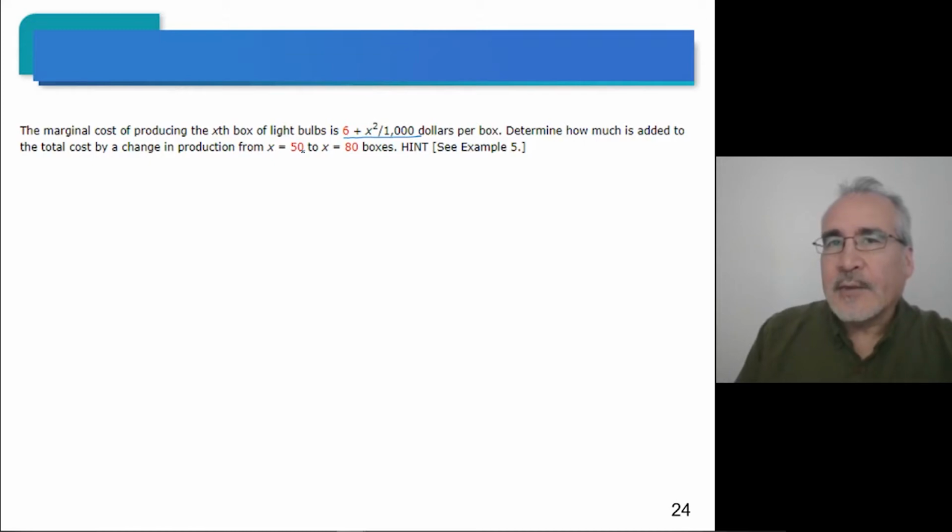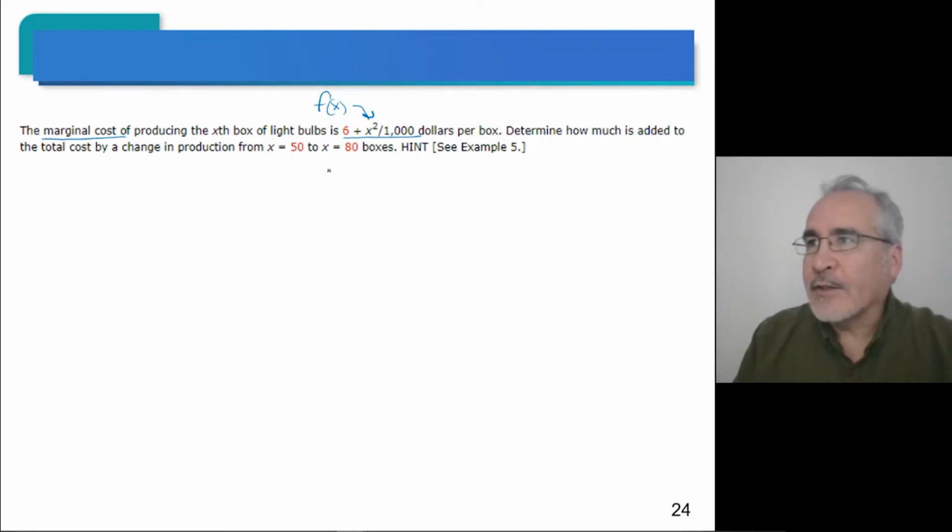So hopefully you see that we're not going to get an exponential or a logarithm, so we won't have repeating decimals. We're plugging in numbers that will get squared or cubed or something. So what we are able to do, notice what we're given is a marginal cost function. So this is little f of x. We integrate it, we will get the answer.